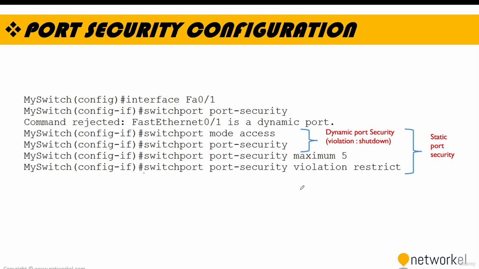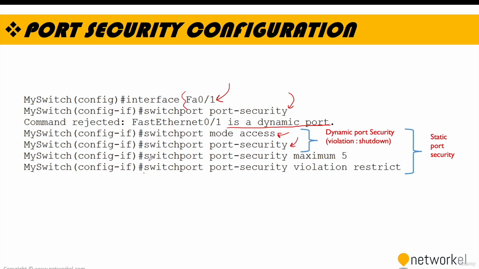How am I doing the configuration for port security? Okay, first of all, I need to go to the interface mode by typing interface and the name of the interface. Then I type switchport port-security, but it is not taking. If it's a dynamic port, then I need to type the switchport mode access and switchport port-security commands first.